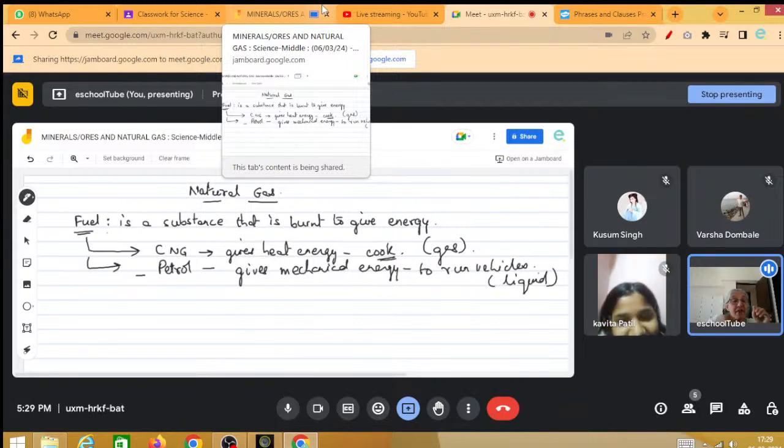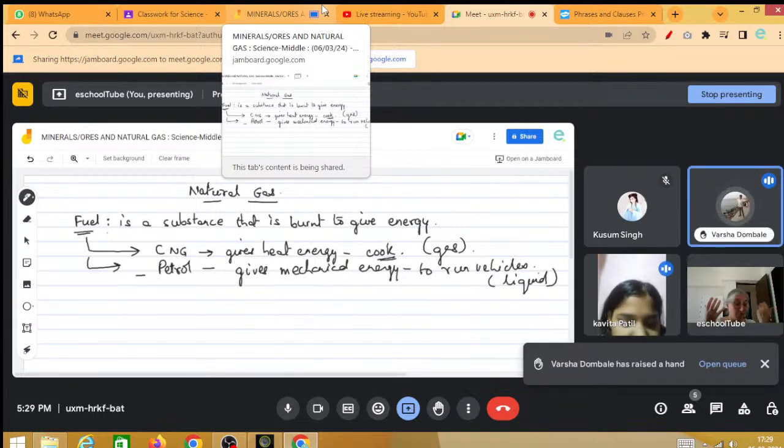Now, supposing in cold places, people feel very cold. They burn coal or they burn wood. Why do they do that? To feel hot. So what happens when they burn it? The heat energy comes out, right?